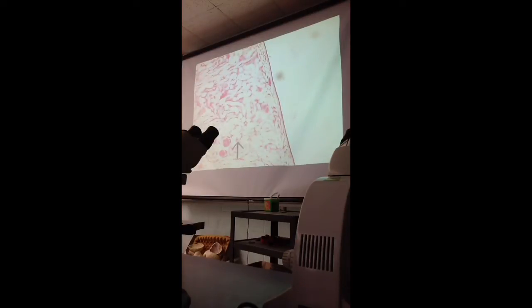So what structure is this one? This big one. That's the glomerulus. Around the glomerulus you have the Bowman's capsule that's not stained that well. So this dyed part is the glomerulus. Another glomerulus, another one.